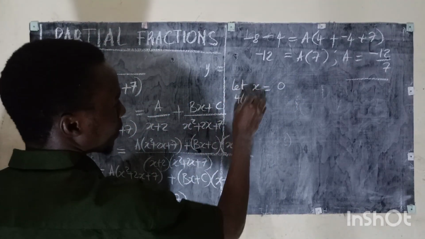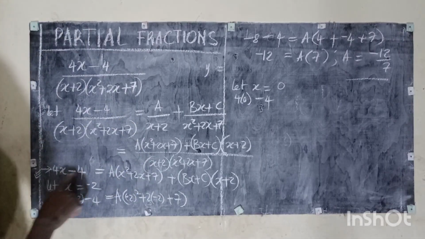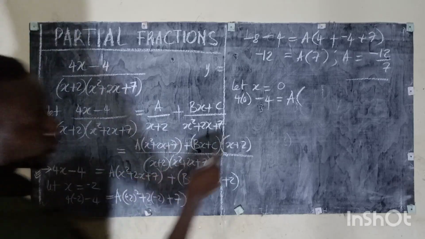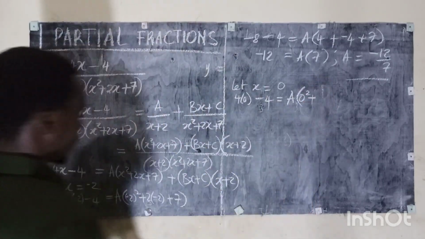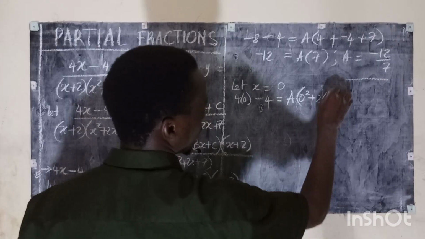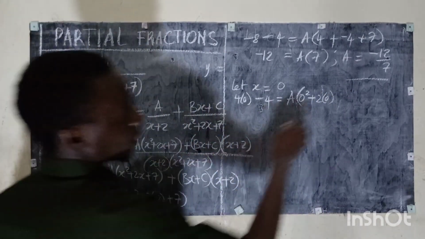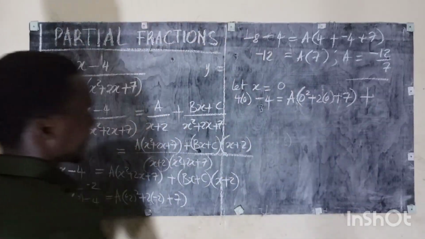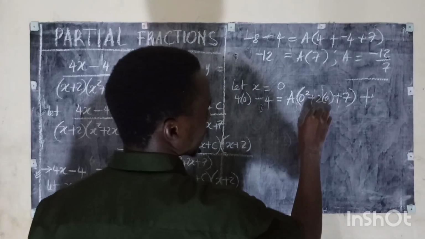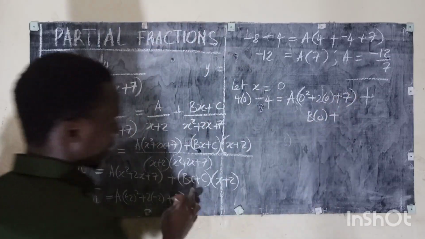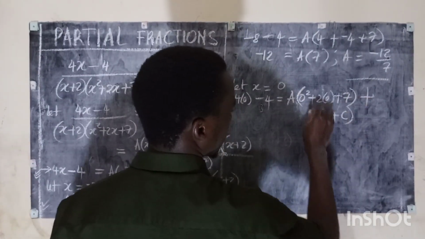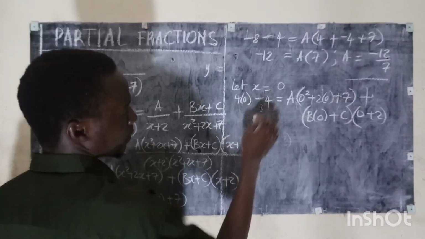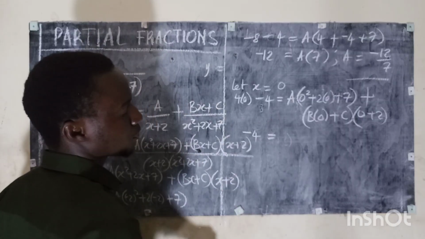So this turns out to become 4 into a 0 minus a 4 equal to a into, you substitute, don't play with the substitution, plus 7 plus c. Now we are here, this will become b into a 0 plus c, still into a 0 plus a 2. So you simplify, this will become negative 4 equal to a.